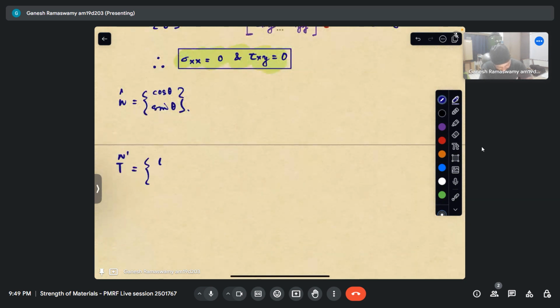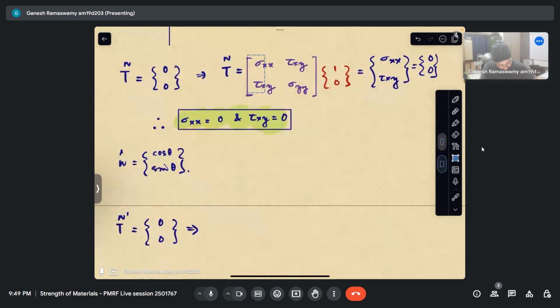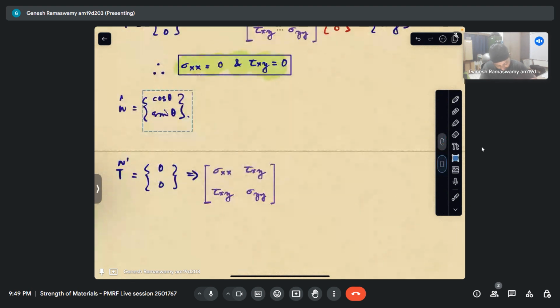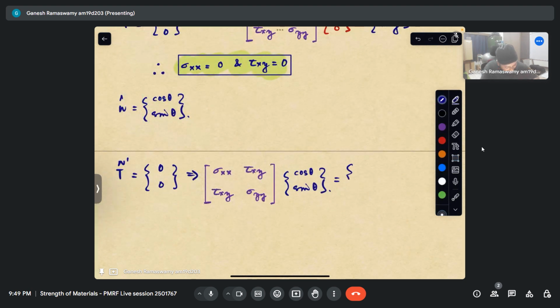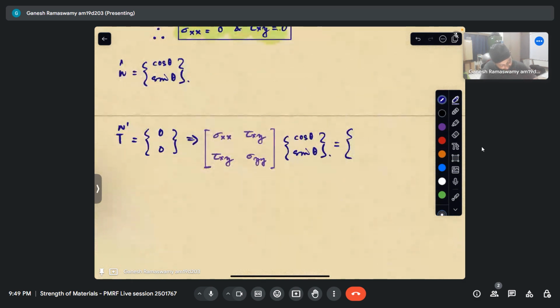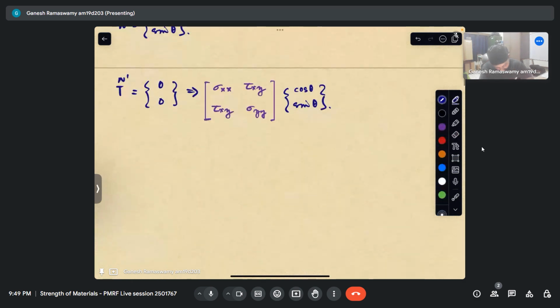still 0, which follows that my stress tensor acted upon by this should give me a quantity which is 0. So this gives me what? Sigma xx cos theta plus tau xy sin theta.